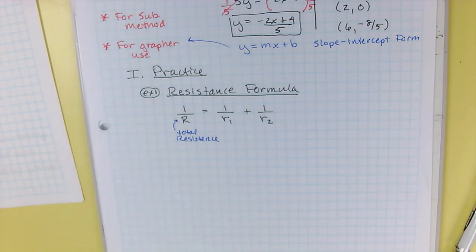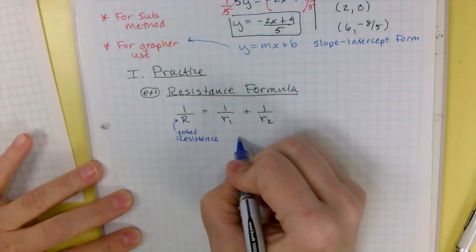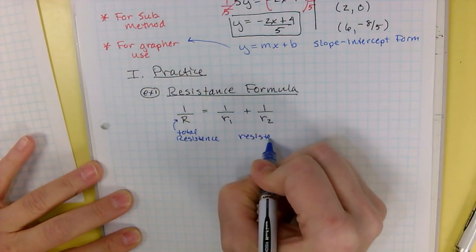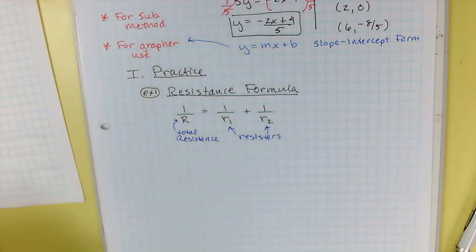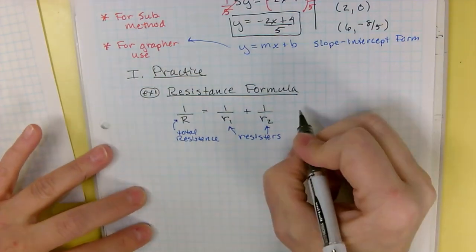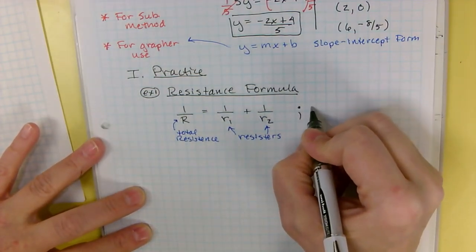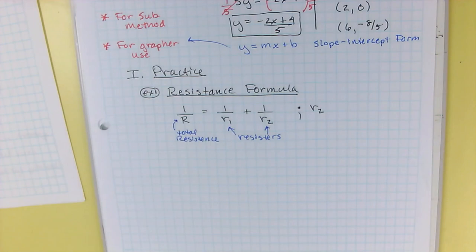And then R sub 1, R sub 2, R sub 3, R sub 4, R sub 5, those are your resistors. And of course, the higher the power and the more you want to step it down, the more resistors you need. So they're going to give you this resistance formula. And they're going to usually use a semicolon and say, hey, we want you to solve for r sub 2.